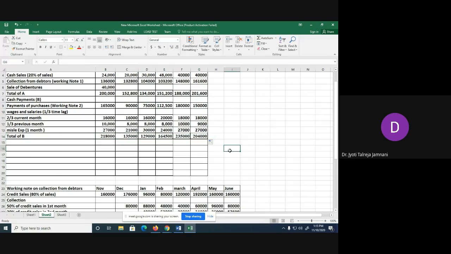So we found the total of receipts and payments. Now we'll find the surplus or deficit, which is nothing but receipt minus payment, A minus B, equal to 2 lakh minus 2 lakh 18.